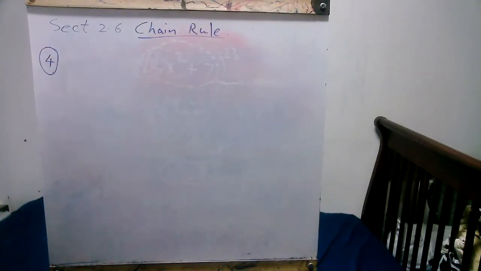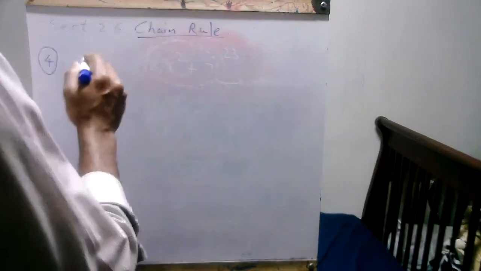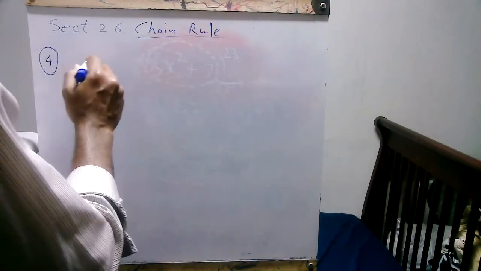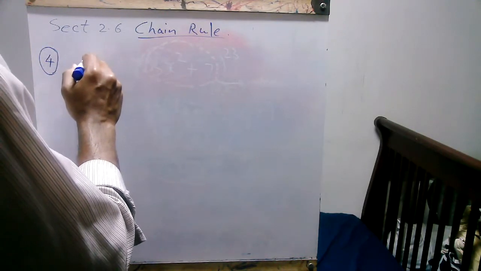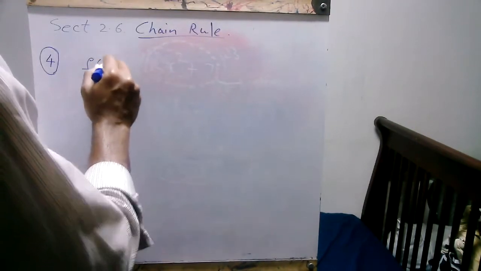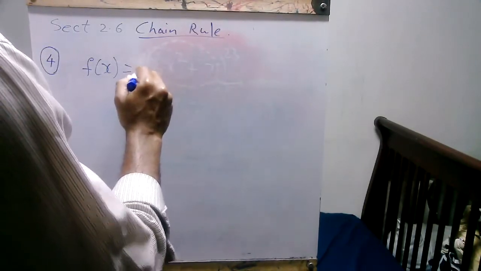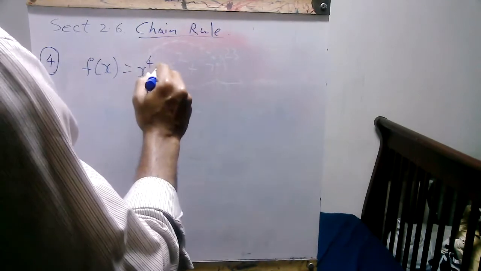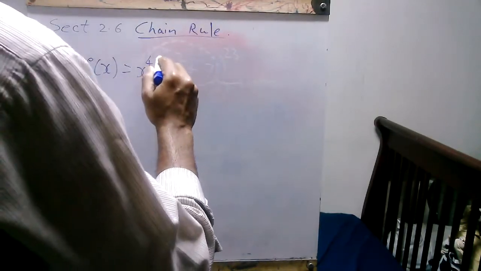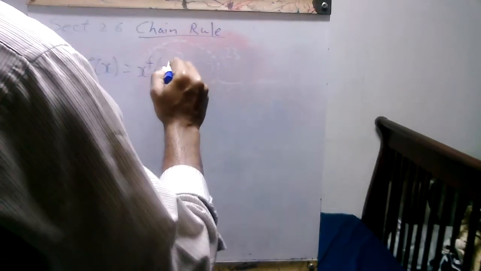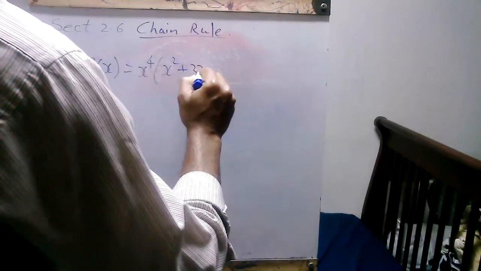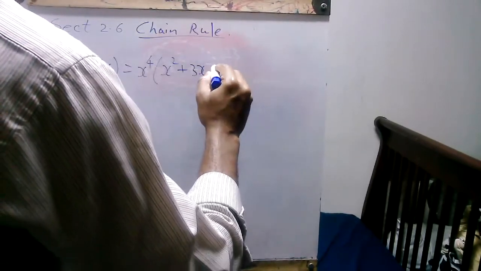Example 4. Okay, let's do this example. f(x) equal to x to the power 4 times (x squared plus 3x plus 5).